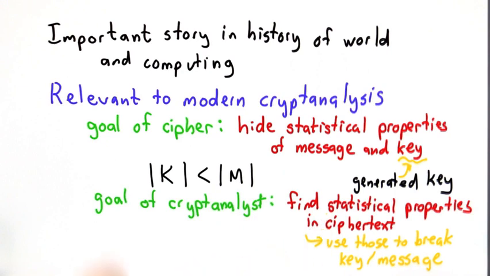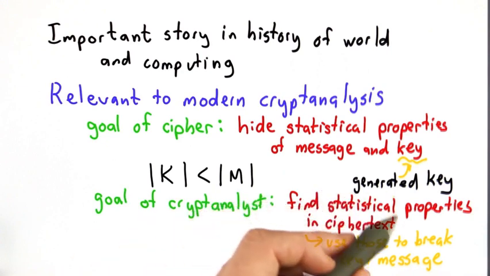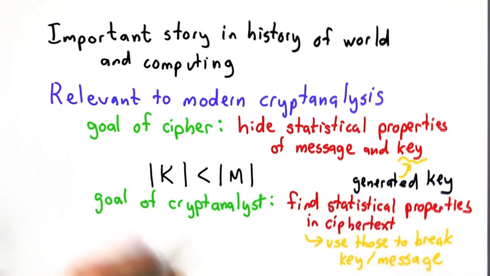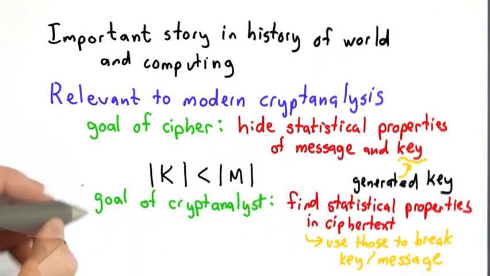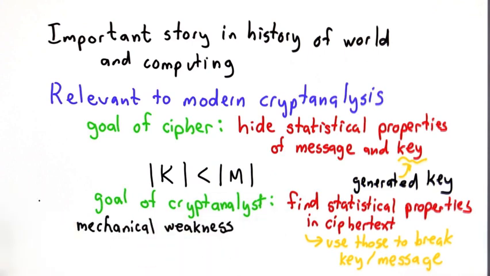In the case of Bletchley Park breaking the Lorenz cipher, they found the statistical properties when you looked across channels at subsequent letters. There were some statistical properties that were not hidden by the cipher. And that was because of a mechanical weakness, that all the S wheels either all moved or didn't move.